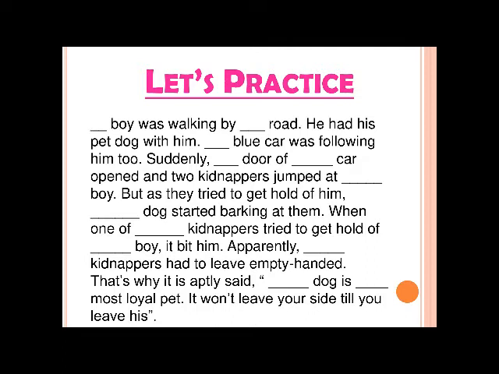Now because the car has been already mentioned, I have used the car, and the boy because boy has already been mentioned. But as they tried to get hold of him, dash dog started barking at them. The dog, exactly, because dog has been already mentioned. When one of the kidnappers, because kidnappers have already been mentioned, tried to get hold of the boy, it bit him. Apparently, the kidnappers had to leave empty-handed.